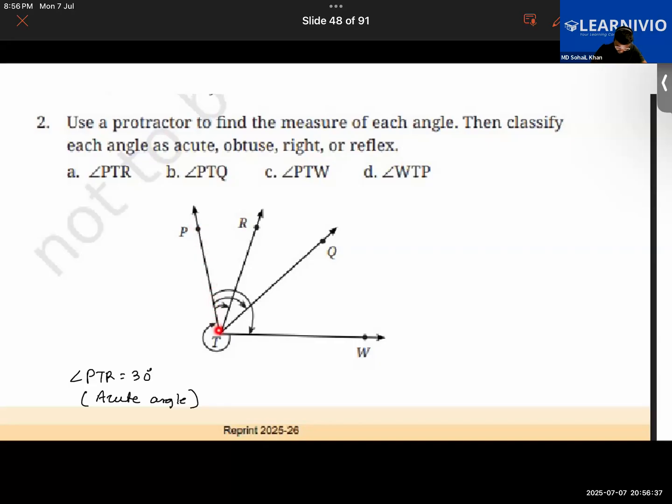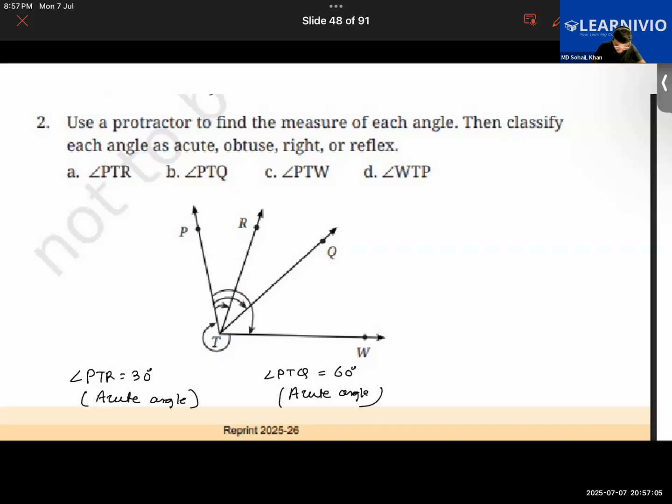This angle, right? Habib, how much is angle PTQ? Angle PTQ is 60 degrees. Well done. So it is again an acute angle. Very good.